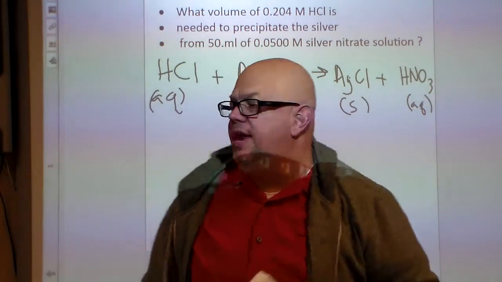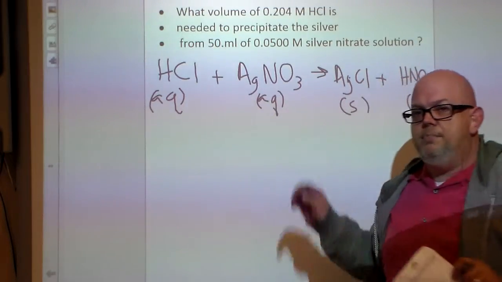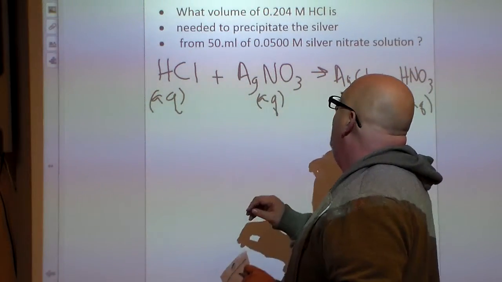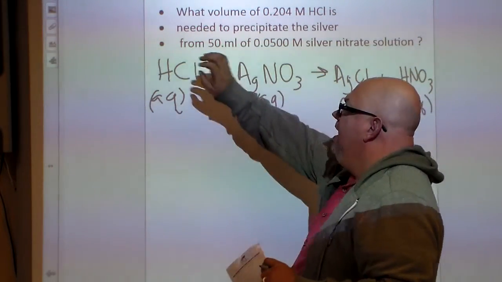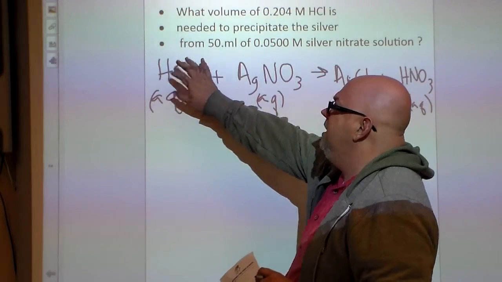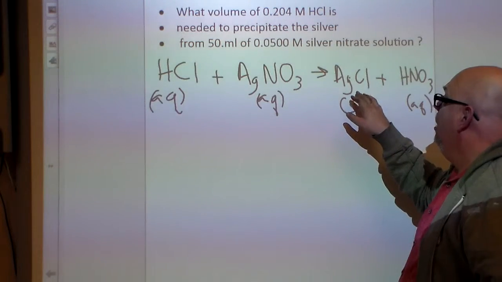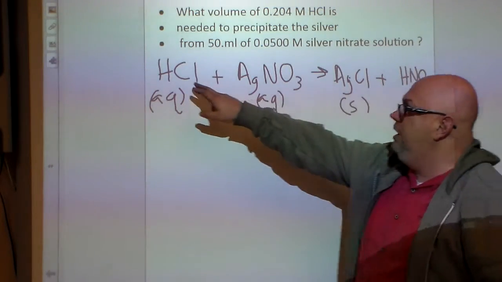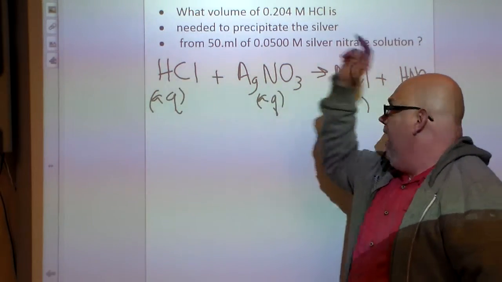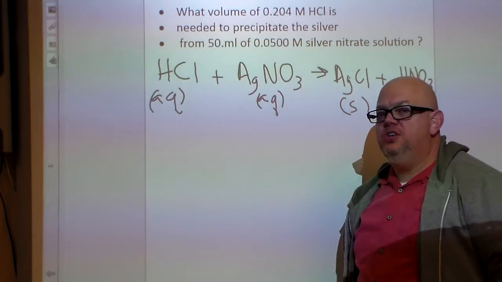Now, the next step. Now that we've balanced it out, you'd say, but wait a minute, why was that important to balance? I needed to know how many of these HCl's I'm going to need for the AgCl's. For example, here I need 1 chlorine from the HCl, and I need 1 chlorine for the AgCl.